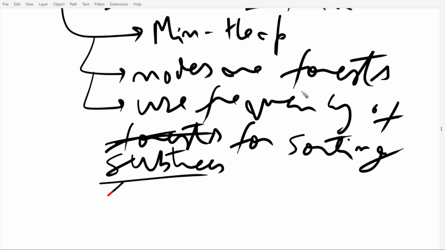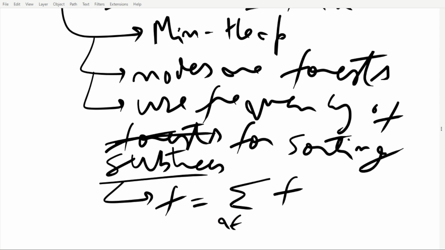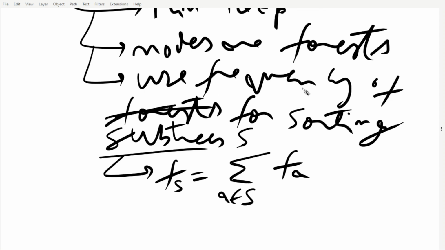So frequency of a subtree we define as simply the sum over all A in the subtree S. So simply take all nodes in the subtree and add their frequency. So this is defined as frequency of the subtree S. So this way we maintain a subtree.